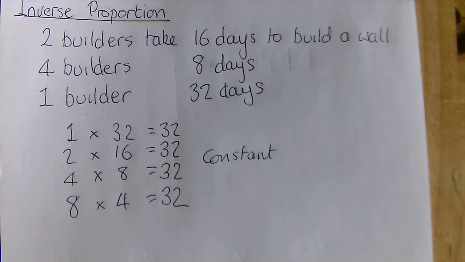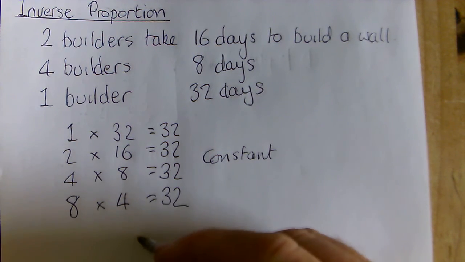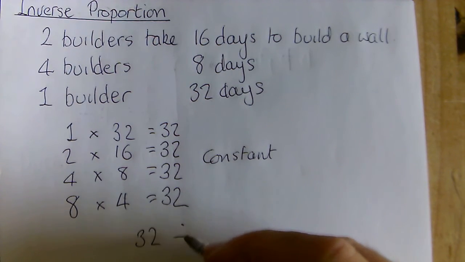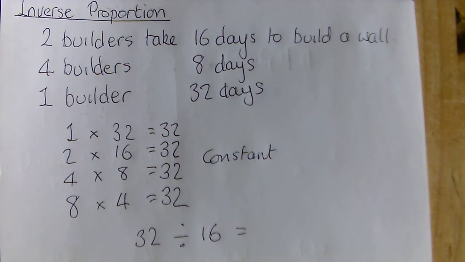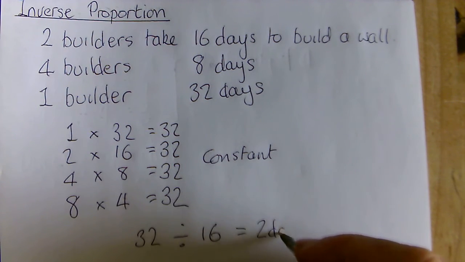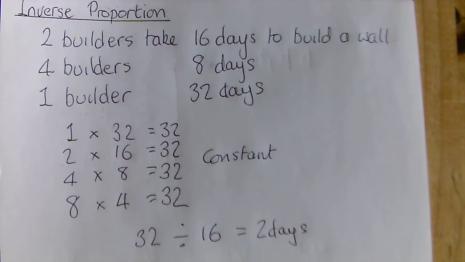It's very useful if you want to work out the number of days, say 16 builders would take, because you'd use your family of 4. You know that 32 divided by your number of builders should give you the number of days.